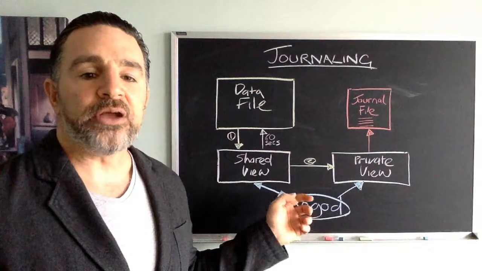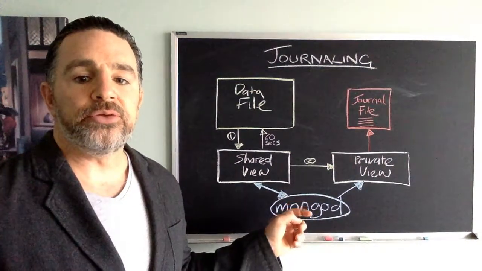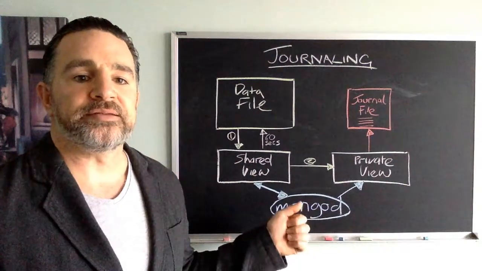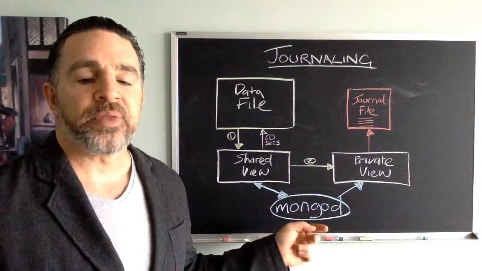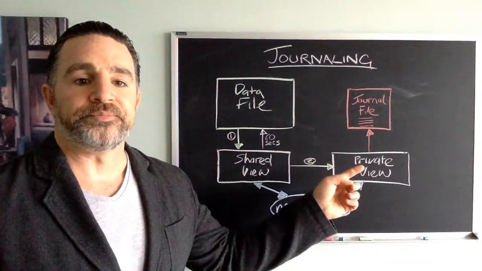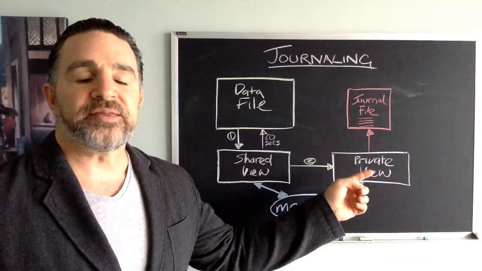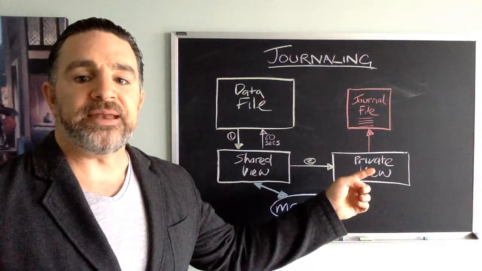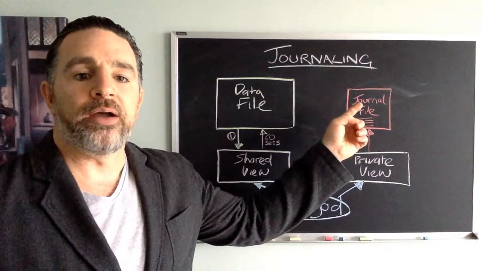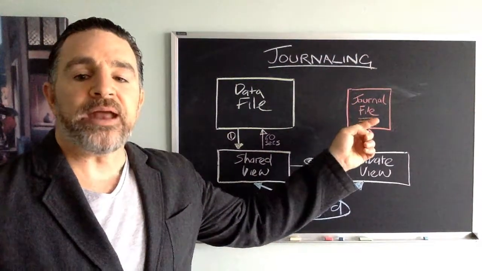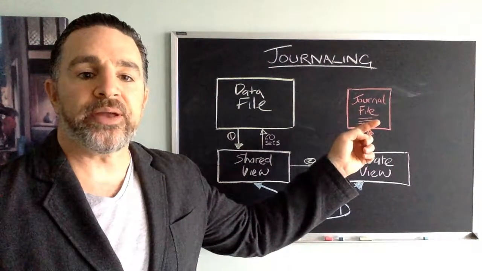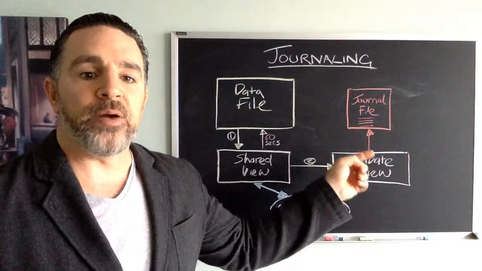And then going forward, every time you do any writes, so when I say writes, I mean deletes or posts or updates, it's going to write to the private view. Once it writes to the private view, it is then also going to immediately update our journal file in real time.